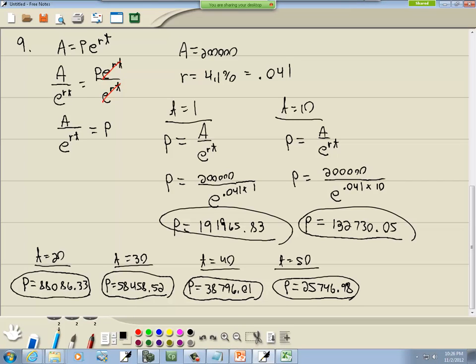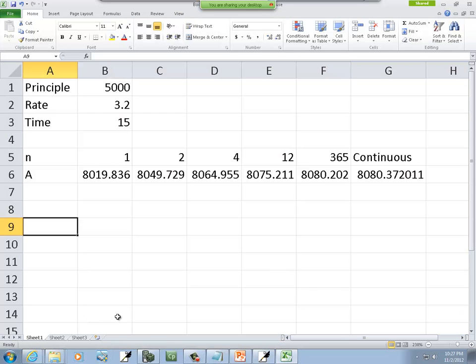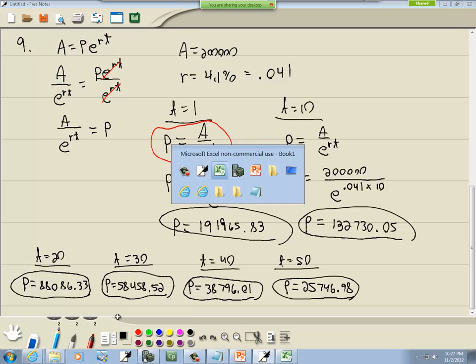Okay. Let's see how to do it in Excel. Of course, this is our main formula we're working with right here. So I'll come over here to Excel. And A is my ending amount. And I also need R, our rate.